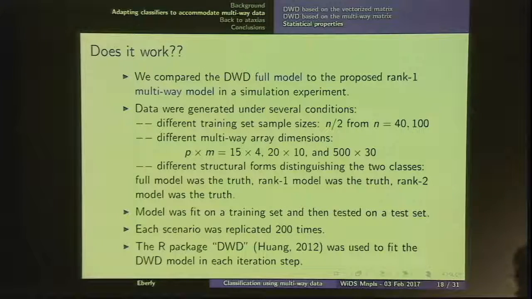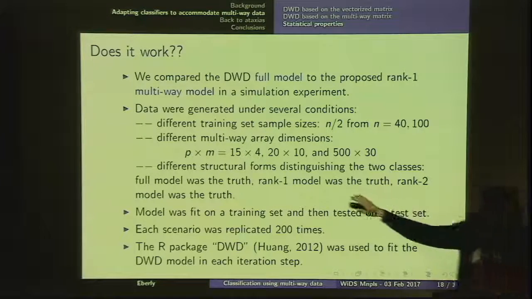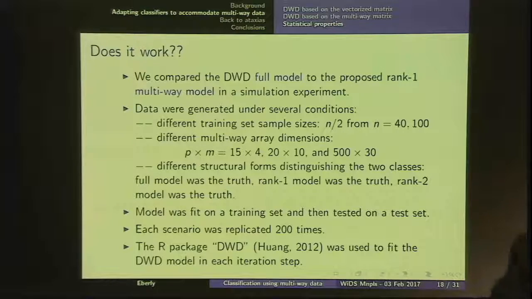And then we simulated data under different structural forms distinguishing the two classes from each other. So we generated some data where the truth was the full model, where I really need that full P by M matrix of coefficients to do the classification. And we also generated data when the rank 1 model was the truth and when the rank 2 model was the truth.